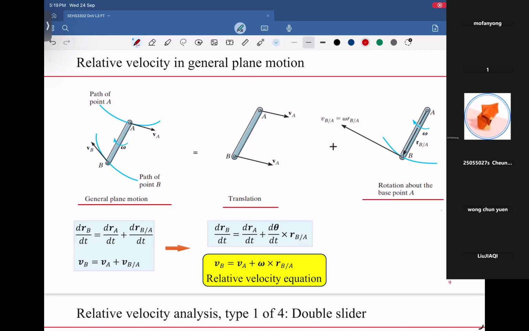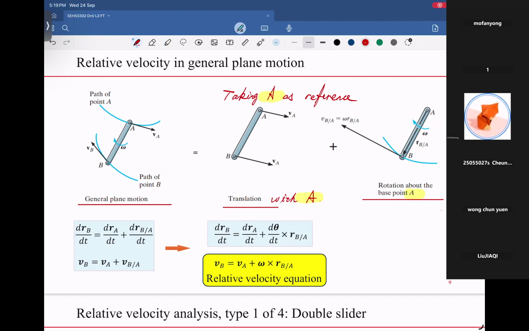So a general plane motion is a translation, taking A as the reference point, with the translation with the reference A and the rotation about A. So it should be uniform. If you take A as the reference, you always use A. Don't change the reference. The reference should be consistent.